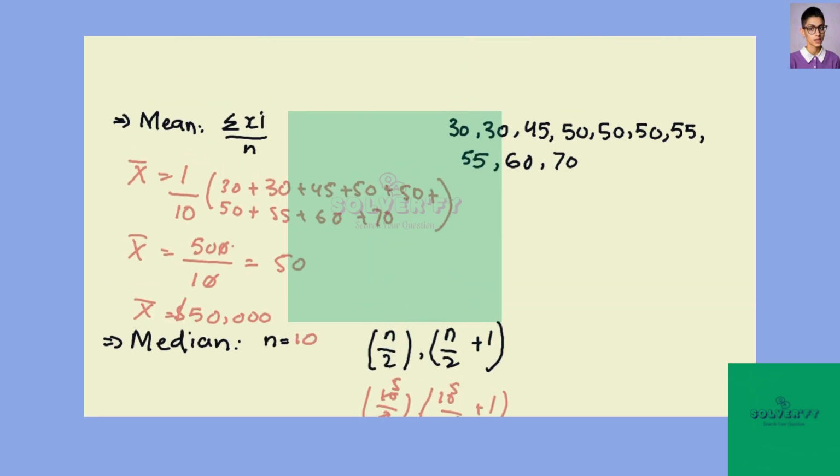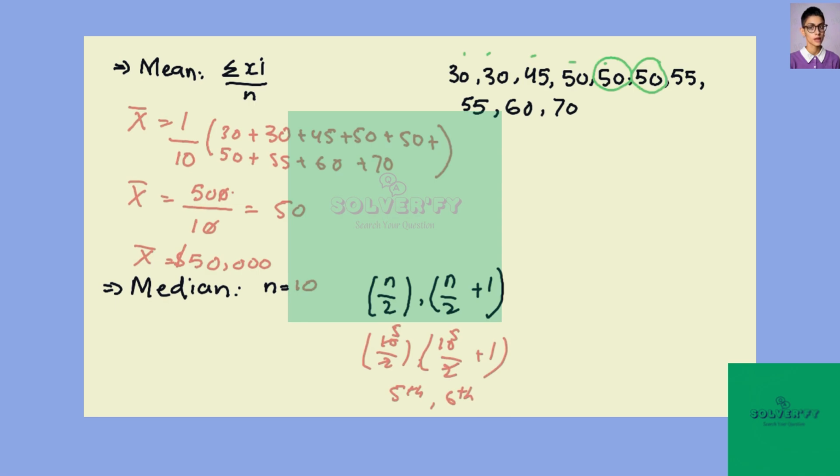On the fifth and sixth place, the data must be in ascending order. This data is already in ascending order. So let's find the fifth place and sixth place: 1, 2, 3, 4, 5 and 6. Now we take these numbers, 50 plus 50 by 2.